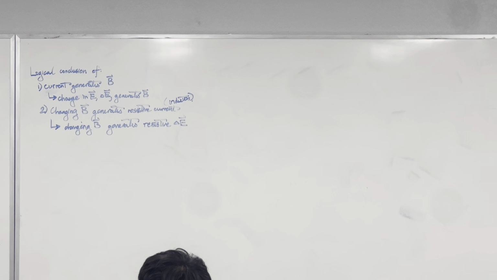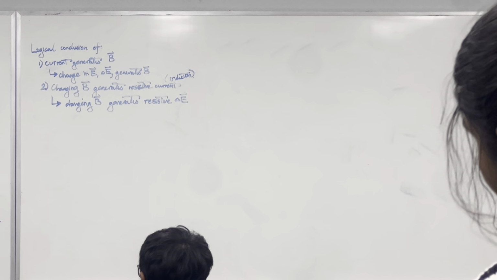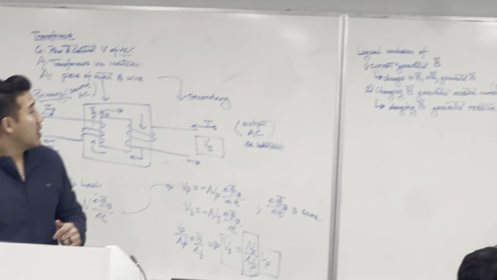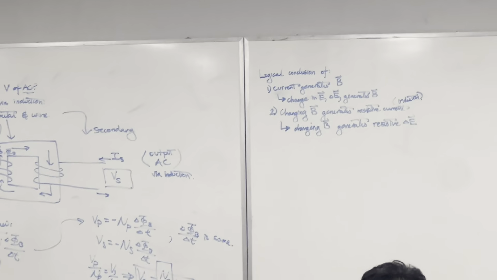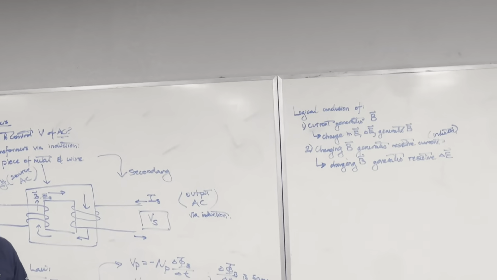Because induction is generating a current that's trying to push up the magnet, and the magnetic field generated by that current tries to oppose the effects of the original change in magnetic field. Yes. Oh, right, okay. Thank you.